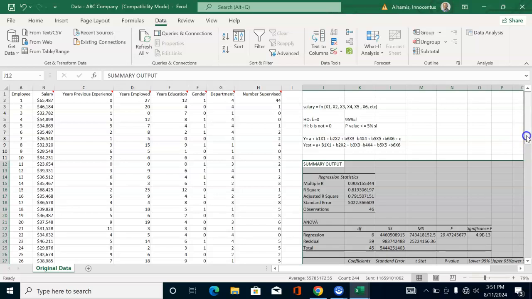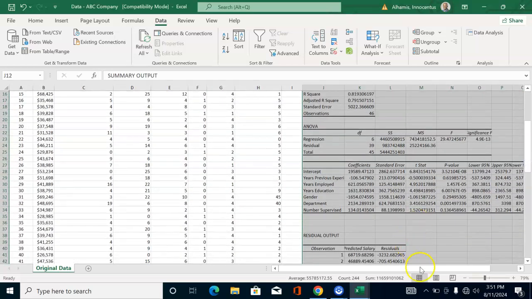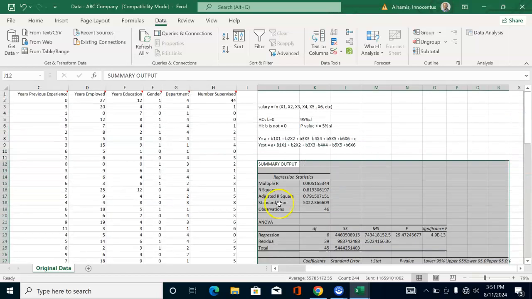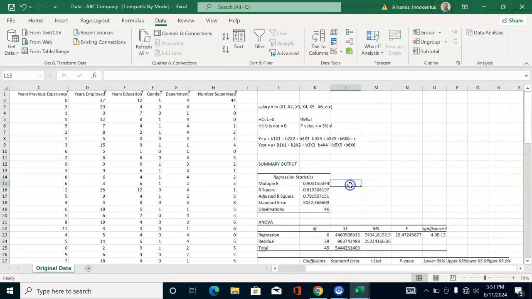Now in this case you can see that when we consider all the variables, some of them will improve, especially the p-values will improve. But before we go to the p-values, let's look at the multiple R. You can see that the correlation is 0.9, which is good, almost 1.